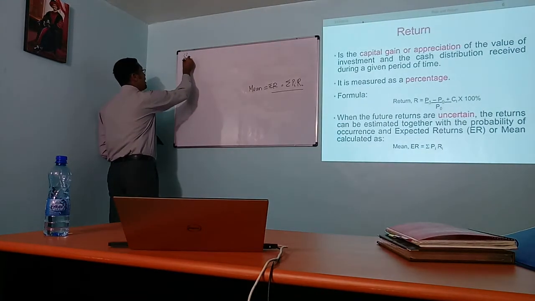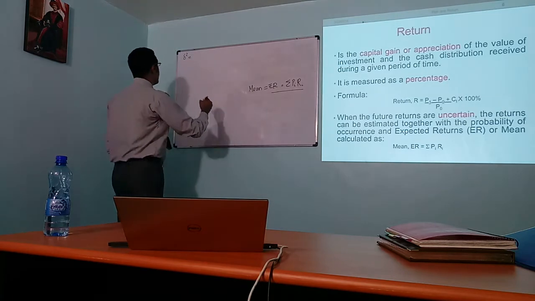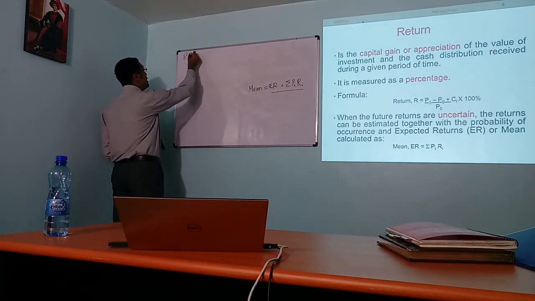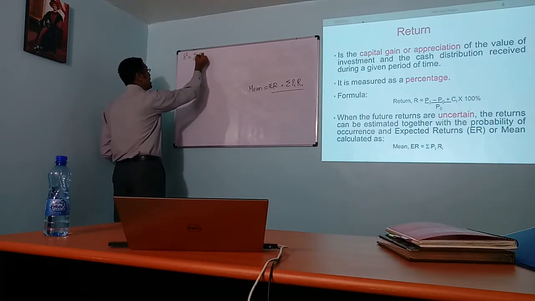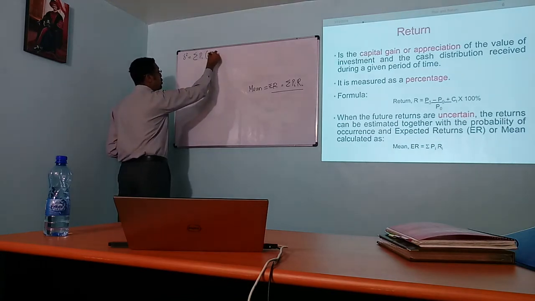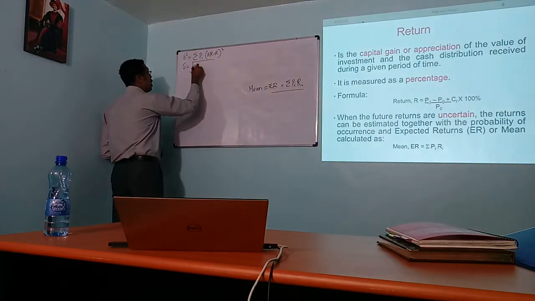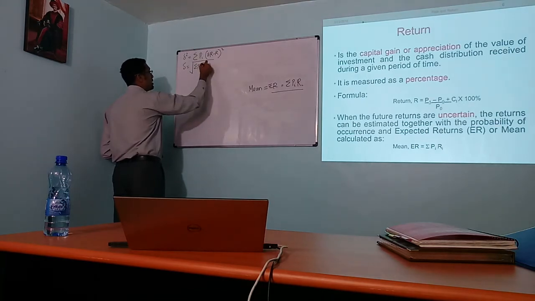The first one is variance under condition of uncertainty. And under condition of uncertainty, the formula is given as the summation of Pi multiplied by the deviation squared. And we say standard deviation is basically the root of the variance.